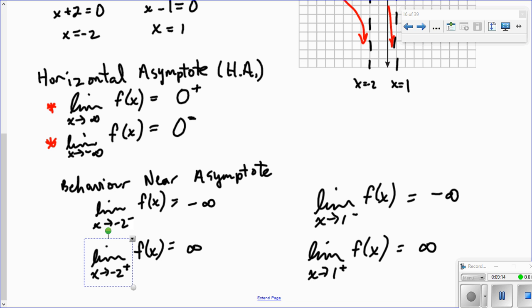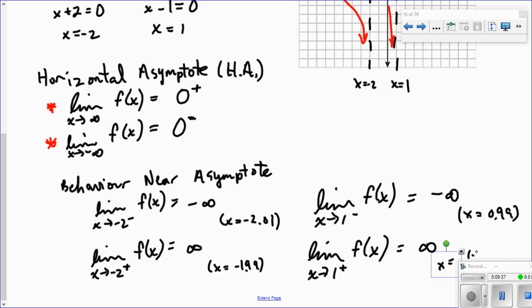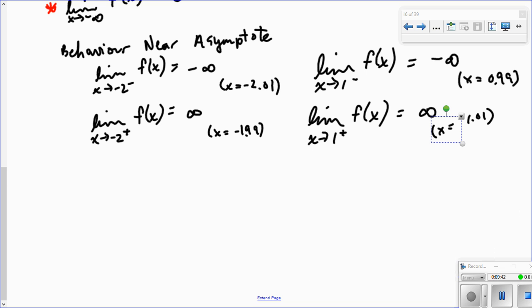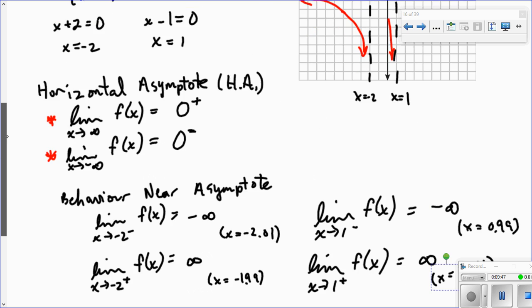And as I said, if you want to just try arbitrary values, it could be like x equals negative 2.01, x equals negative 1.99. This one would be x equals 0.99, and this one would be x equals 1.01. We need to find one more point. What about f at 0? Well, my original function, and I just want to find the behavior around the origin.